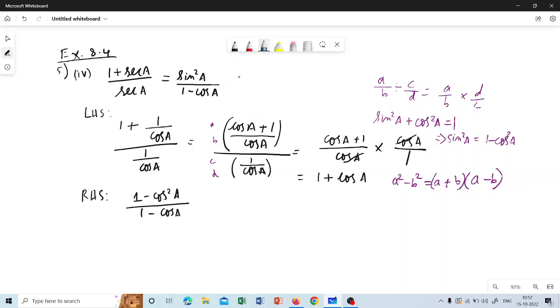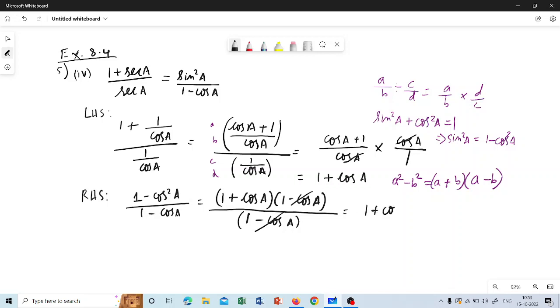If I use this, here a is 1 and b is cos a. So I can write this as (1 plus cos a) into (1 minus cos a) by (1 minus cos a). Now 1 minus cos a and 1 minus cos a get cancelled. So RHS is equal to 1 plus cos a, which is equal to LHS.